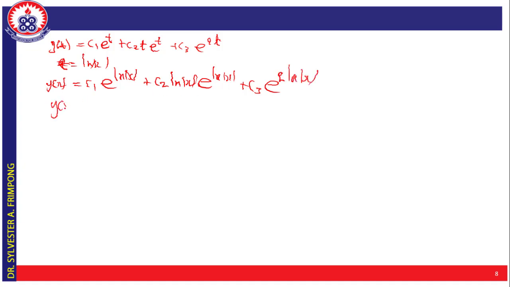And this will therefore give us c1x plus c2x ln x, because e raised to the power ln x is x, then plus c3x squared. The 2 will come here and the e and the ln will cancel out. So that is the general solution for this equation.